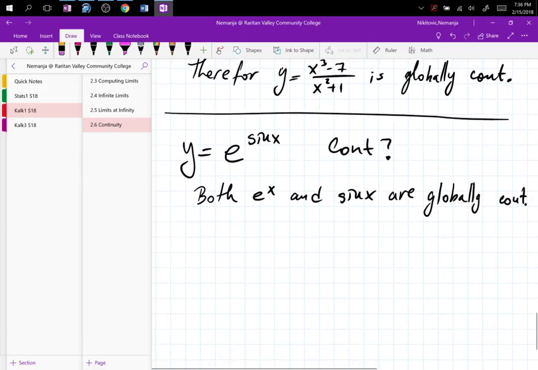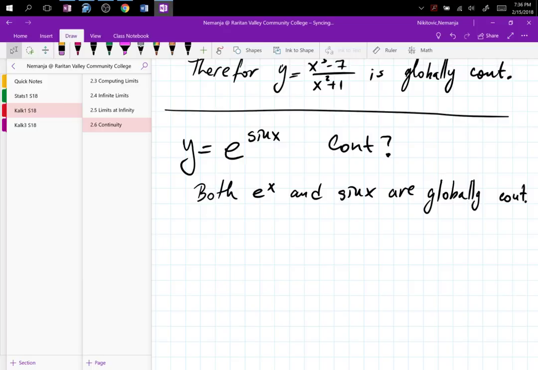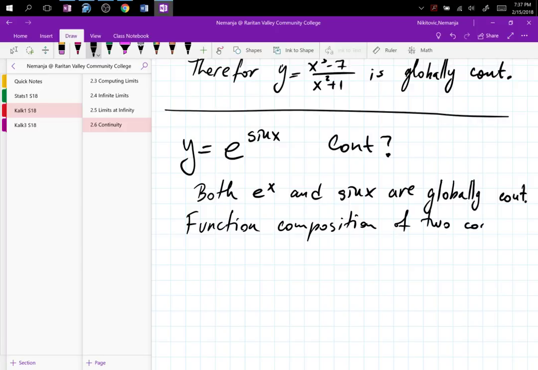So the first sentence established each of the functions. Now the next sentence is going to be the one that says that function composition of two continuous functions is continuous.